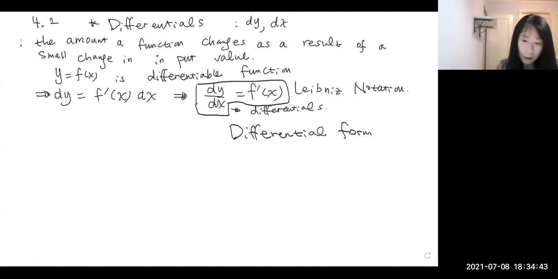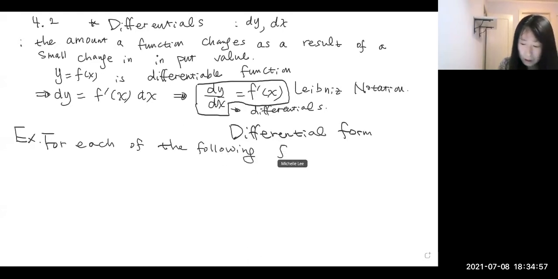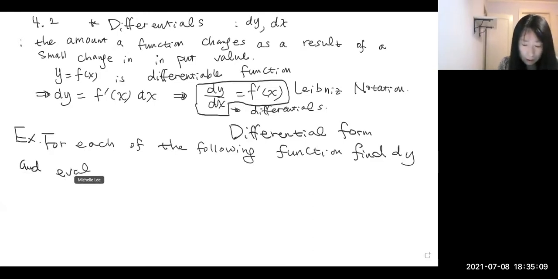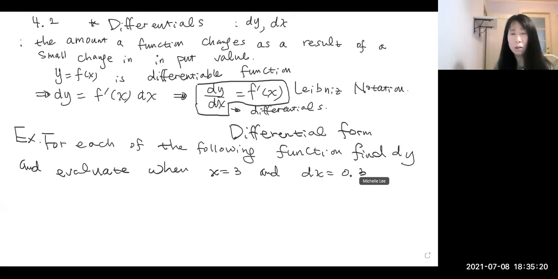All right. So for each of the following functions, find dy and evaluate when x equal to 3 and dx equal to a very small amount, 0.3.